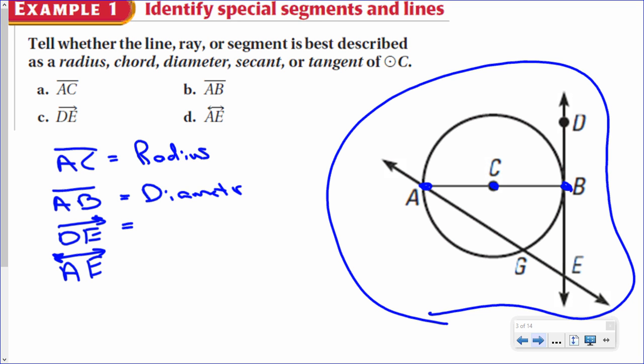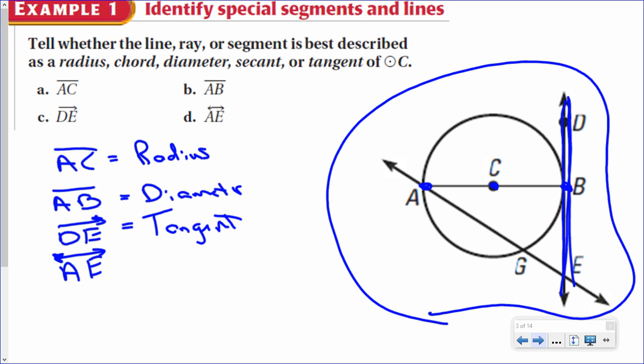The ray from D to E is the line that's on the outside of the circle. It hits the circle on the outside. That's called a tangent line.